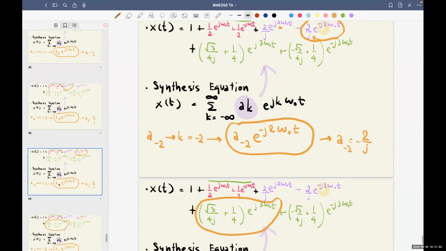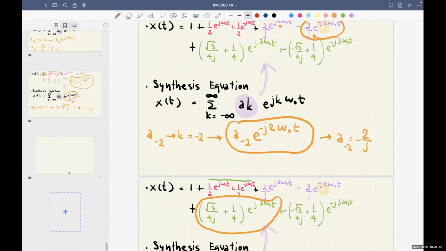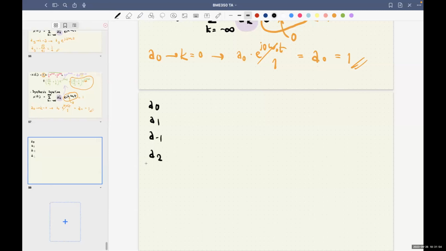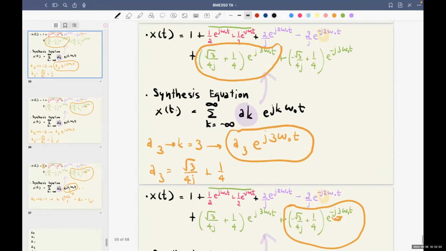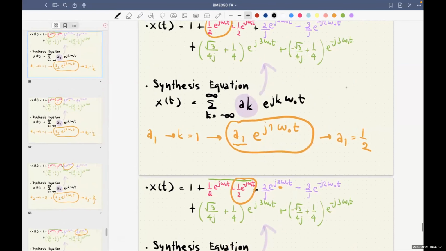So, to sum up, we have been finding our A0, A1, A minus 1, A2, A -2, A3, and A -3, and they are equal to these numbers that we've been finding.